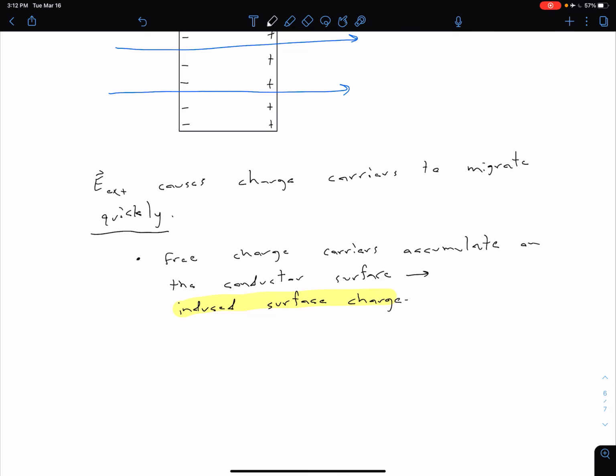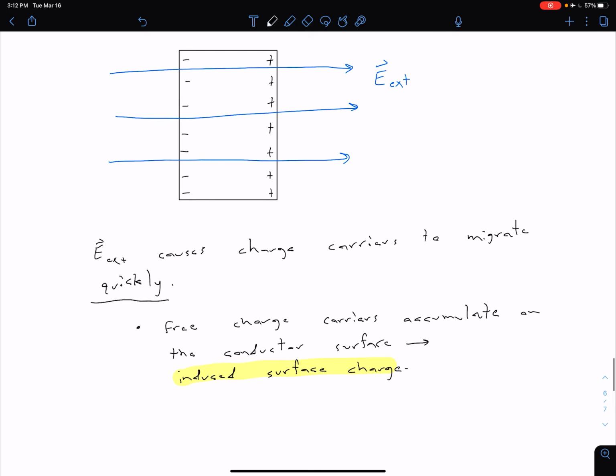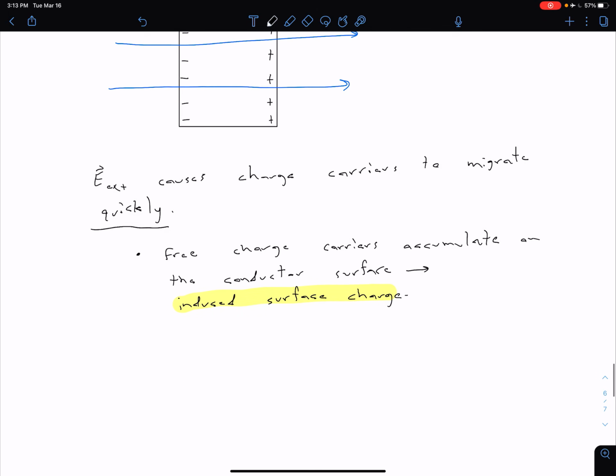Remember, anytime we have separation of charges, that's going to create an electric field. So we have charge separation now inside our conductor, which is going to induce an electric field. We can call that induced electric field E induced.